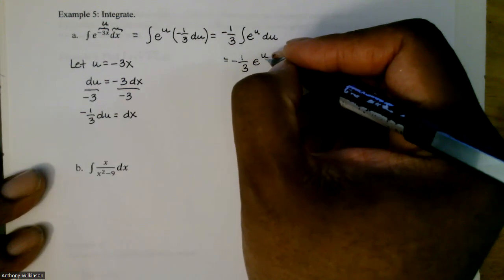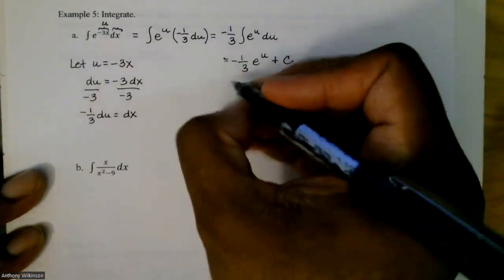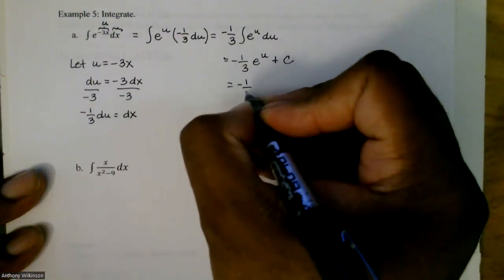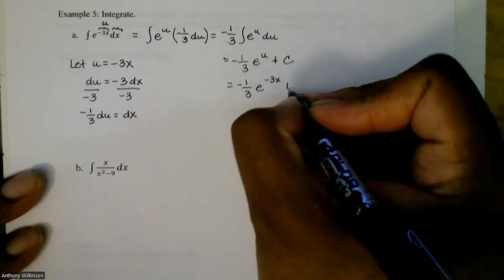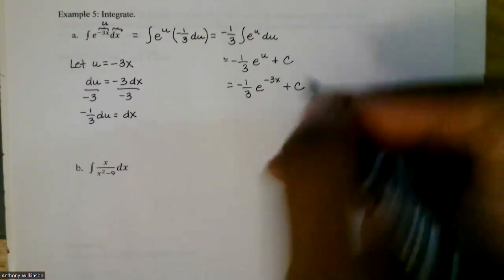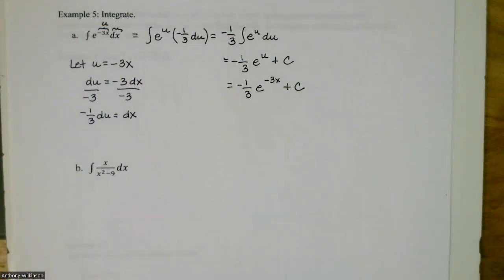So now for u, of course, I'll do the back substitution, that's -3x, so here I'm going to have -1/3 e to the -3x, and then plus c. And this is what the integral of e to the -3x dx will be, -1/3 e to the -3x plus c.